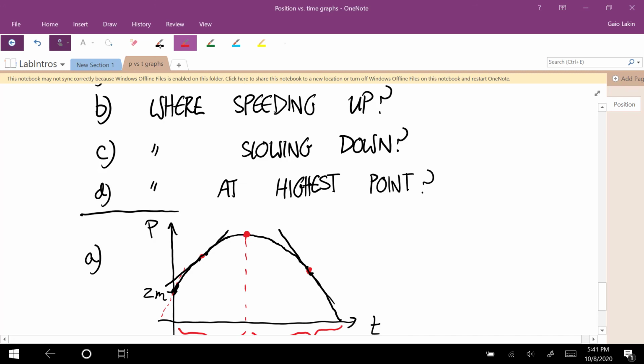The other way to think of it is to think about the instantaneous velocity. So if we draw a tangent line at that point, you can see that the slope of that tangent line is 0. And we know that when an object reaches its highest point in 1D kinematics, that's when the velocity is equal to 0. And so that's another way to think about it. But this is the point for part D.